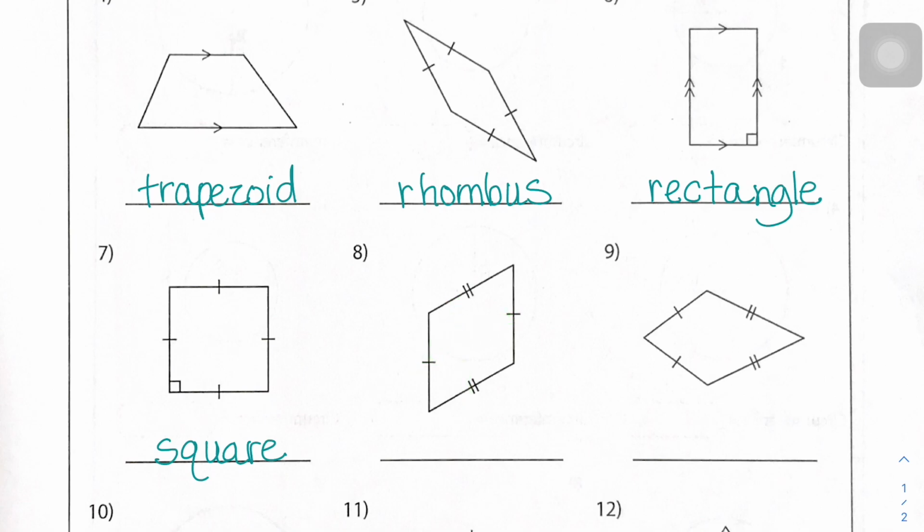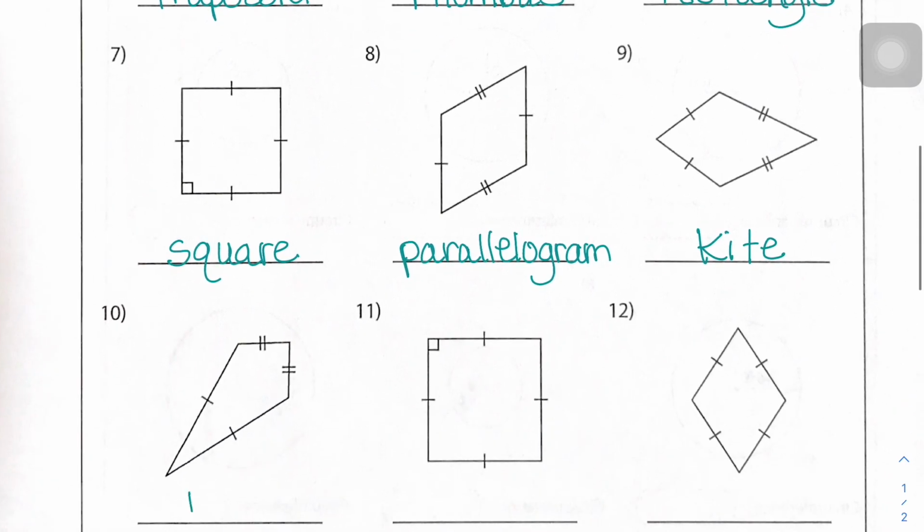Opposite sides are equal, no right angles. Okay, this one we don't practice, it's called a kite. 4 equal sides and right angles. 4 equal sides, no right angles.